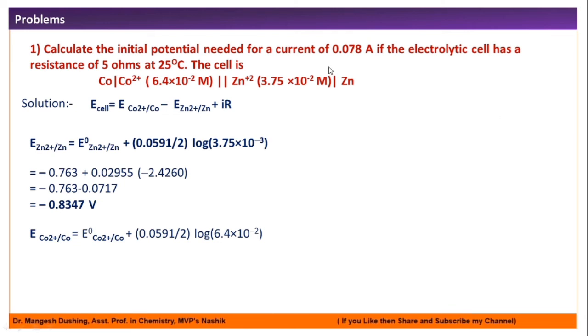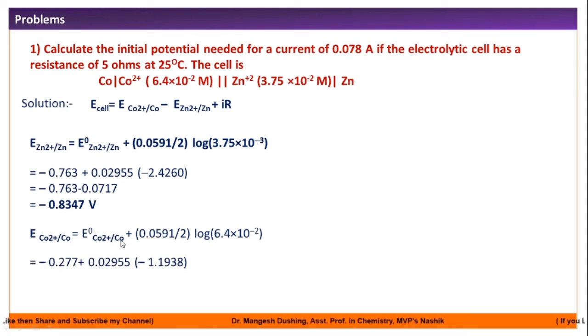Now I will calculate the potential for the cobalt electrode. That will be equal to the standard cobalt electrode potential plus 0.0591 divided by 2 times log of the concentration, 6.4 × 10^-2. The standard electrode potential for cobalt is minus 0.277 plus this calculation, 0.02955, and the log of this value is around minus 1.1938.